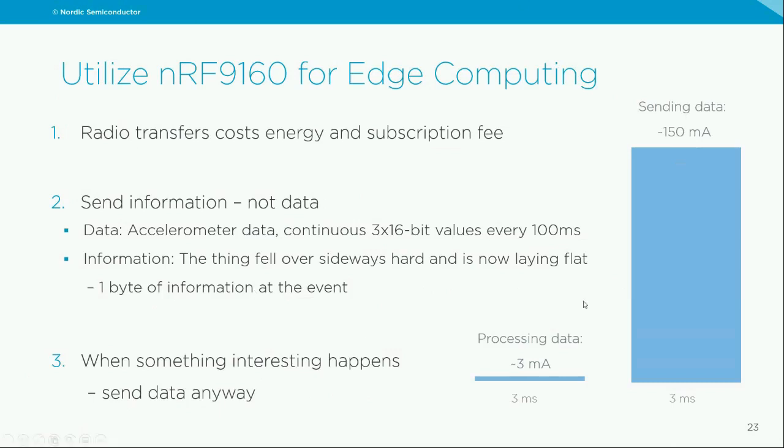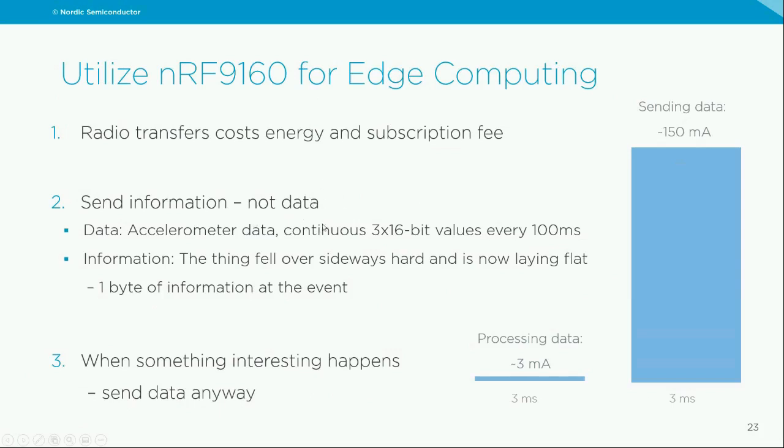If you then look at the cost of processing data on the 9160, you can process data at 30 to 50 times lower power consumption than sending the data. So when you are designing your application, be very conscious about sending information to the cloud and not sending a lot of data to the cloud.